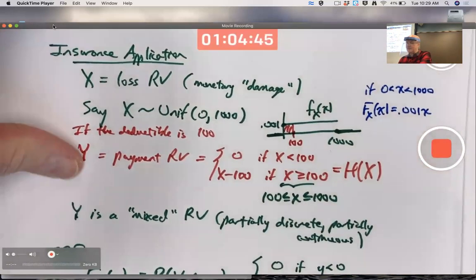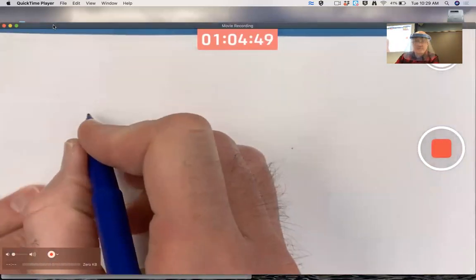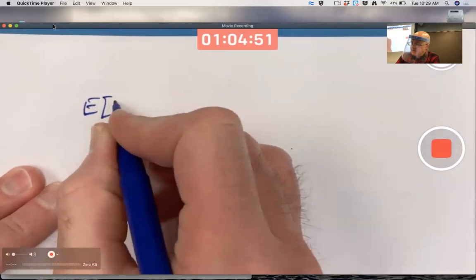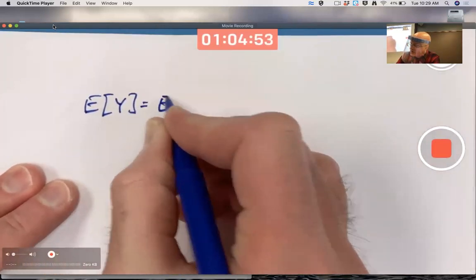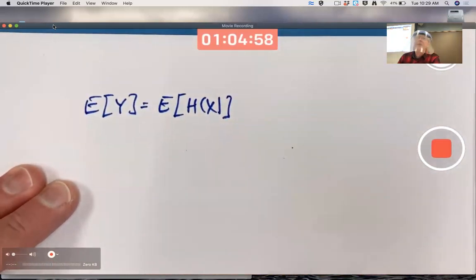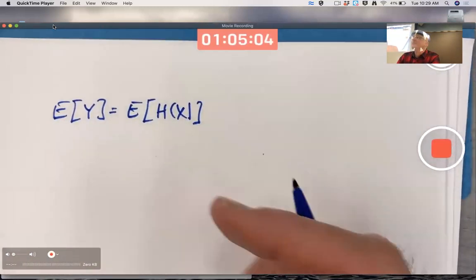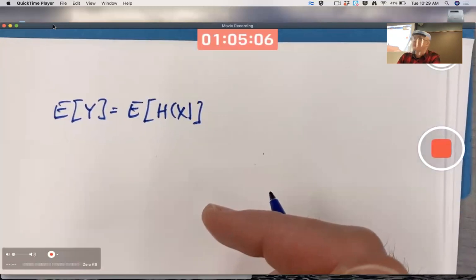So let's write that down now. The expected value of y does equal a function of x, h of x. It's a piecewise function, but it's still a function.